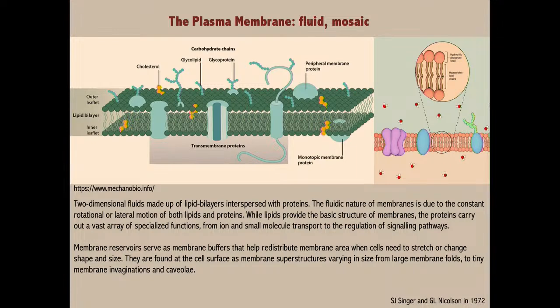We've learned a lot about this in recent years since Singer and Nicholson, but what that really means is that you have these small nano islands of proteins, for example, that can form and disassemble because proteins and lipids within the membrane can move rotationally and laterally.